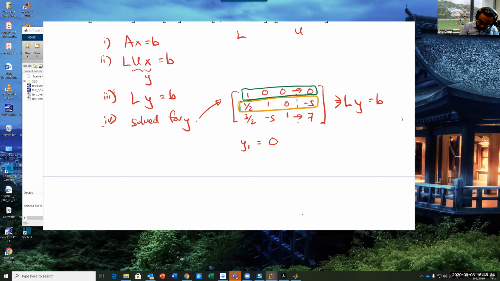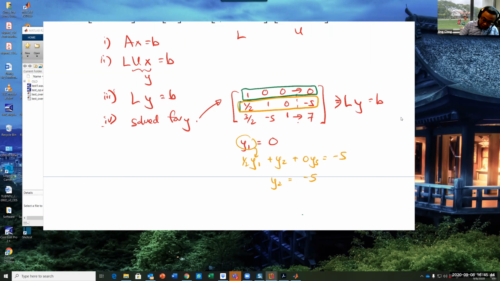Orange. So this is half y1 plus y2 plus 0 y3 equals minus 5. And then we substitute y1 equals 0 here. So y2 is equal to minus 5.